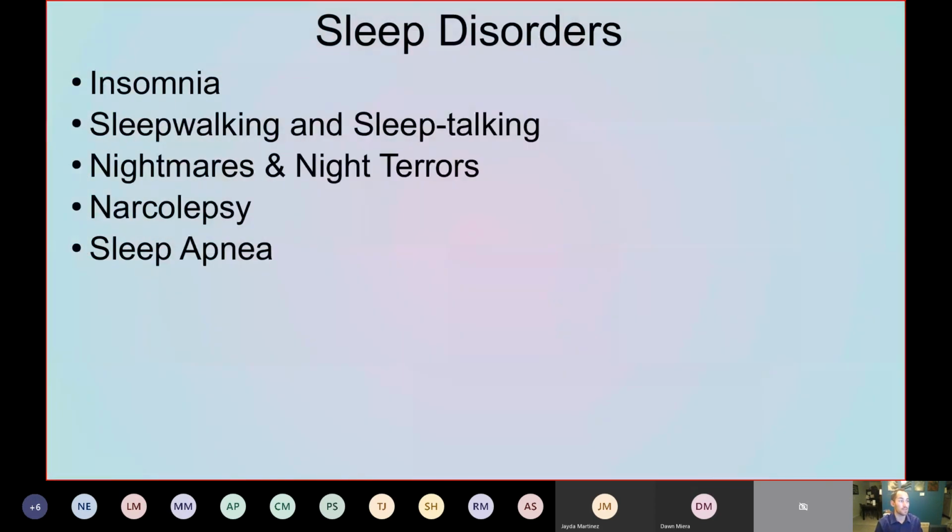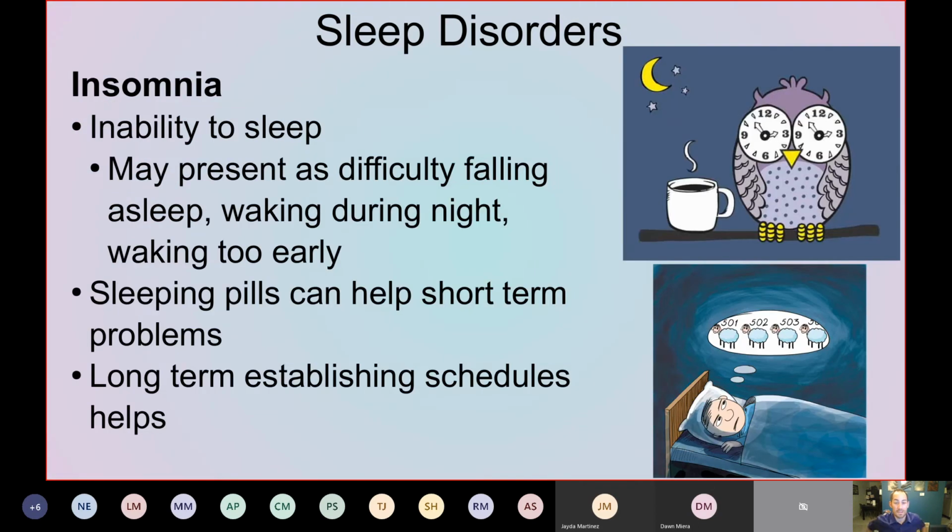All right, so let's talk about some sleep disorders: insomnia, sleepwalking, nightmares, night terrors, narcolepsy, and sleep apnea. Insomnia is the inability to sleep. This is not just difficulty falling asleep.